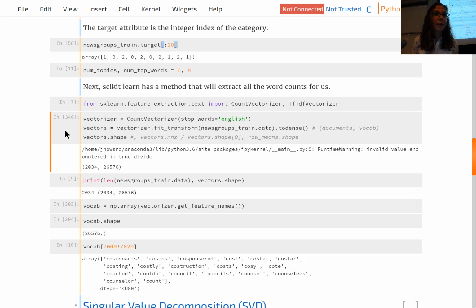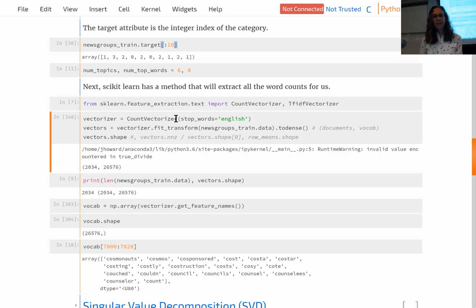Stop words are words like is, the, a, that don't have much meaning, or don't really have much category or subject meaning.